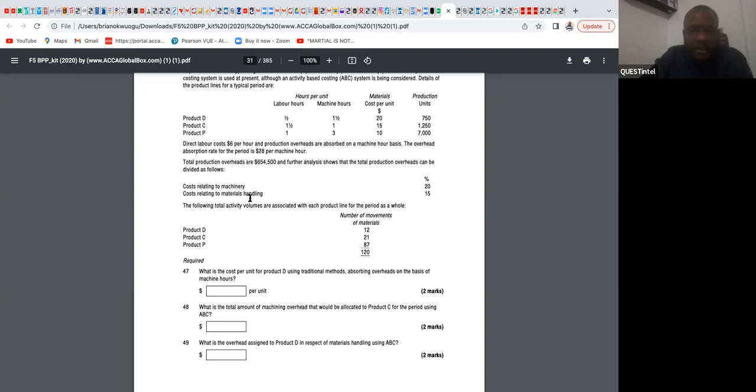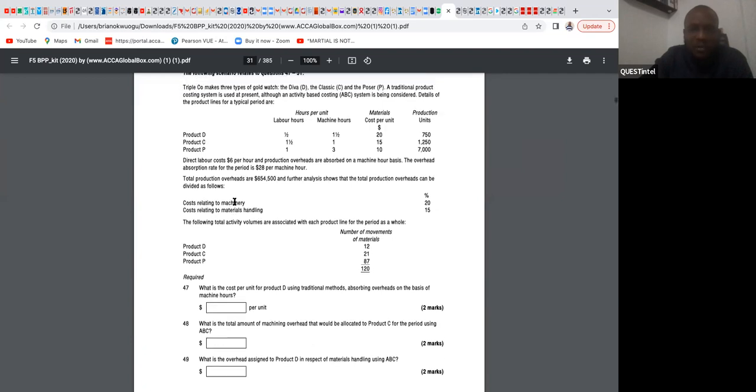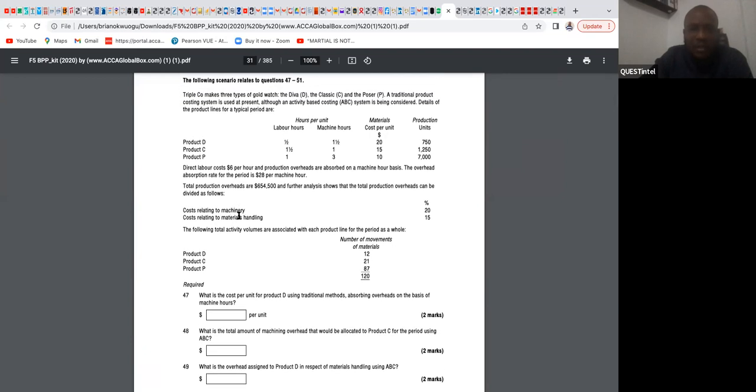So they didn't give us any cost driver relating to machinery. Machine hours might not drive the cost relating to machinery. For me, it would help us more if we had maybe the value of the machinery. If we have the value of machinery in product for division D, division C, and division P, that would have been more valuable.